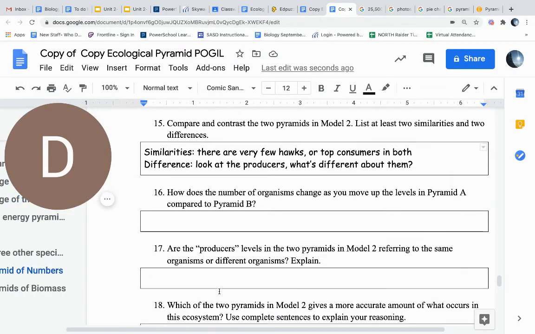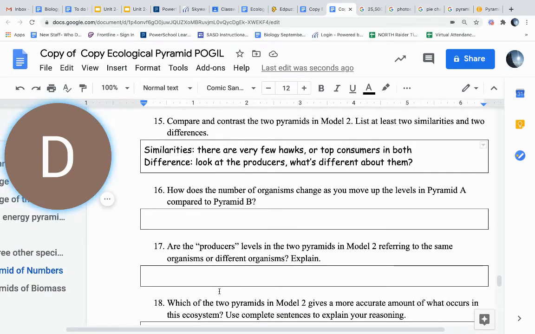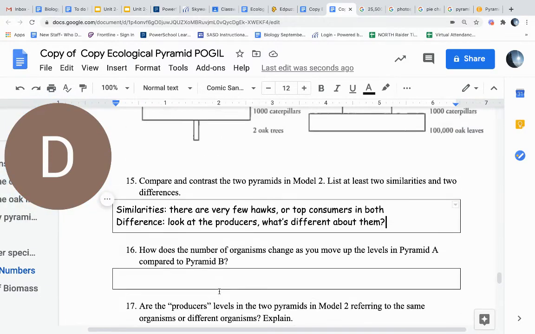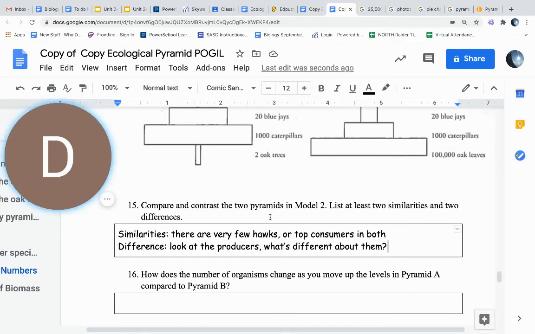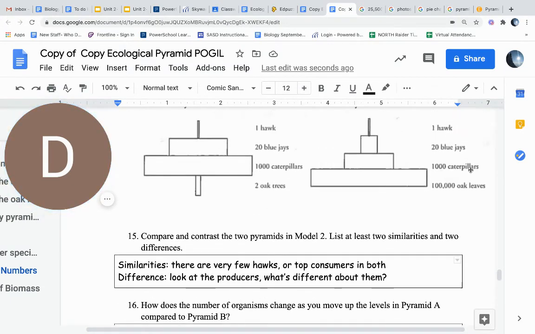Number 16, how does the number of organisms change as you move up the levels in Pyramid A compared to Pyramid B? All right. So in Pyramid A, we see that essentially as you move up the levels in Pyramid A, you have pretty much an identical number of organisms in terms of your primary consumers, your secondary, and your tertiary.